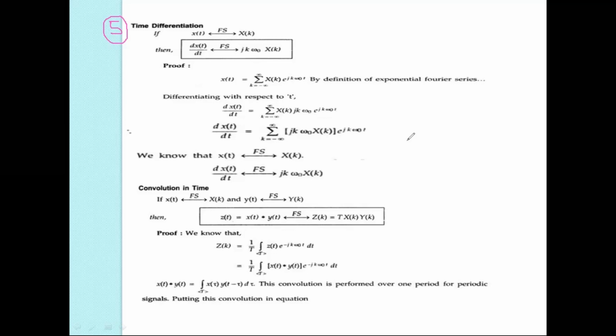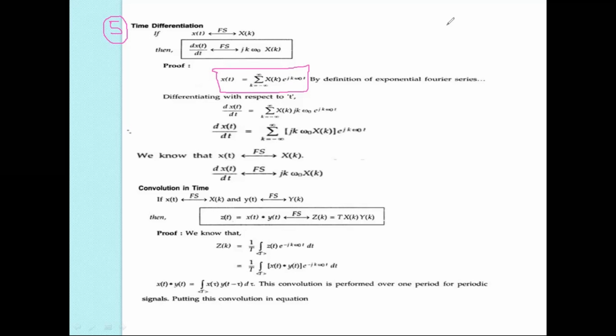One is the analysis equation and another one is the synthesis equation. What is the synthesis equation? By definition, x of t is equal to sum of k equal to minus infinity to infinity X of k e power j k omega naught t. This is the synthesis equation, my dear students.